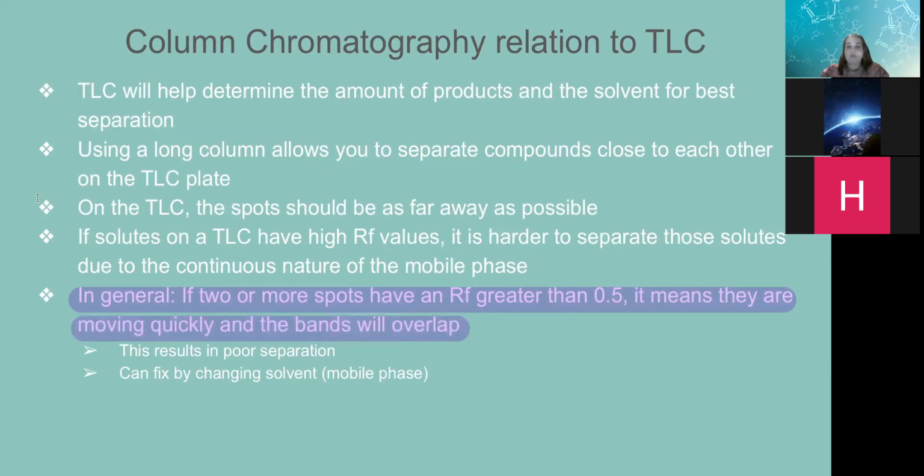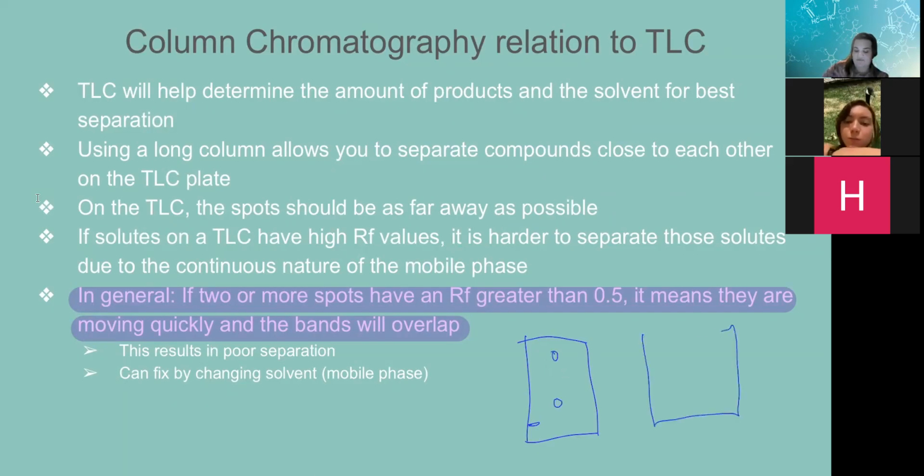The location has a lot to do with the solvent you choose. A lot of times what people will do is they'll use TLCs to determine what solvent ratio to use for a column. What you want is your ideal separation on a TLC plate to be a spot that's near here, and then one that's greater than 0.5.